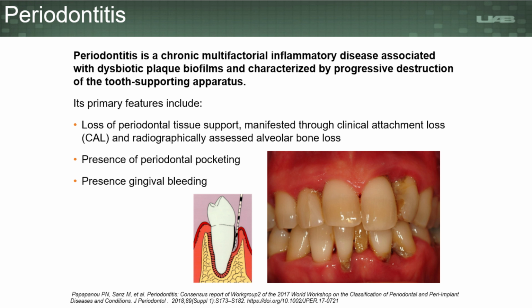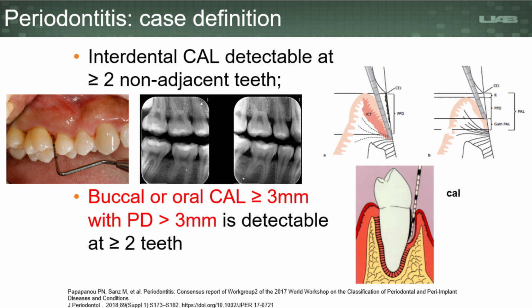What we're really diagnosing, though, is the inflammatory disease. And unfortunately, we can only diagnose that inflammatory disease when we have had a history of disease or where we have signs and symptoms. So the diagnosis of periodontitis really is on the patient demonstrating to us that they've lost attachment.